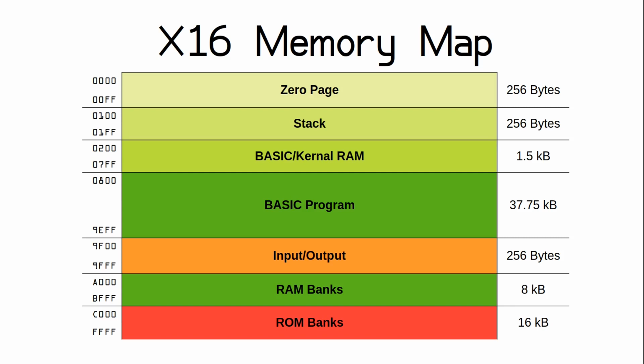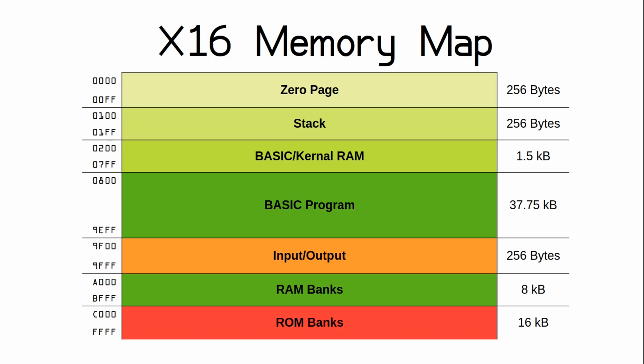But that doesn't mean you can't put code there, right? If your code is so big it doesn't fit within that 37.75 kilobytes in the main BASIC program part of RAM, well, you're going to want to take up a bit of that other stuff. You're going to want to take up that almost kilobyte of kernel or BASIC RAM, the golden RAM.